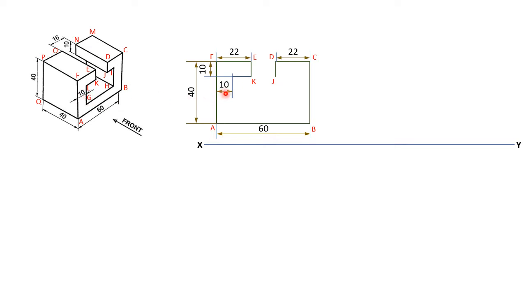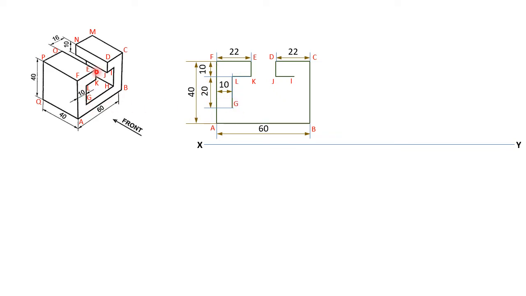So we'll take a distance of 10 unit from FA and we'll draw KL. Then similarly we'll draw JI by the same approach, taking 10 unit from the edge CB. Then we'll draw LG of 20 unit.